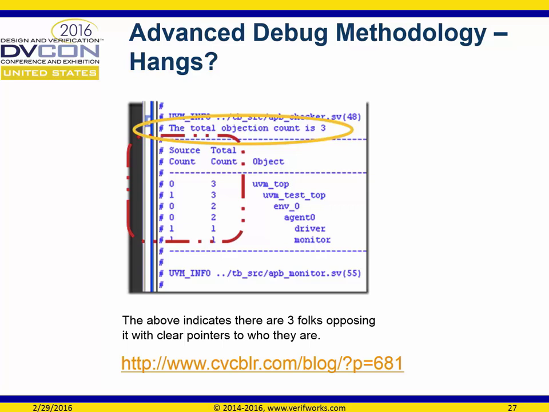In this example, when that function is called, you will see that the total objection count was 3. And who are the people who are objecting to the phase ending? So you know exactly where and who are objecting to this phase ending, and you can keep going till you hit the hang state. So the trick is to just leave it in a forever loop when you're trying to debug, and then just keep displaying the objections till you hit the hang. And once you're done with it, please remove that piece of code.